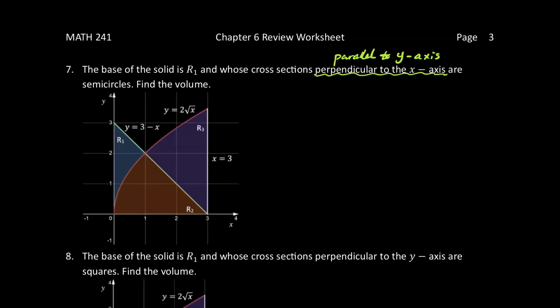The base of the solid, so our focus is on region number 1. Whose cross section is perpendicular to the x-axis, so that means we cut it vertically. And all the cross sections, they are semicircles.